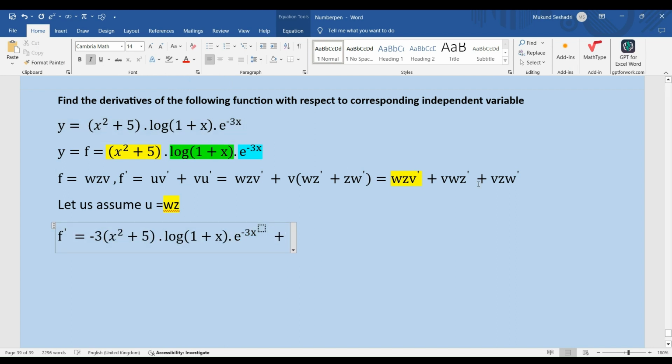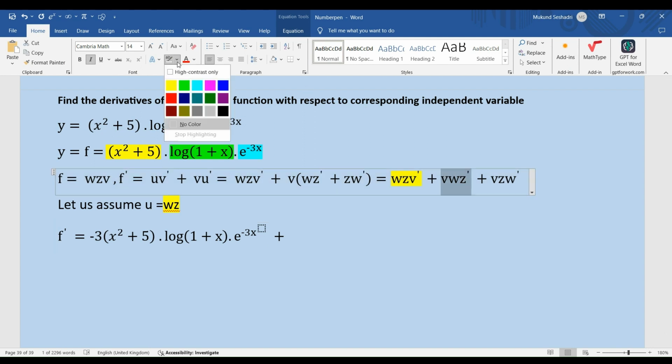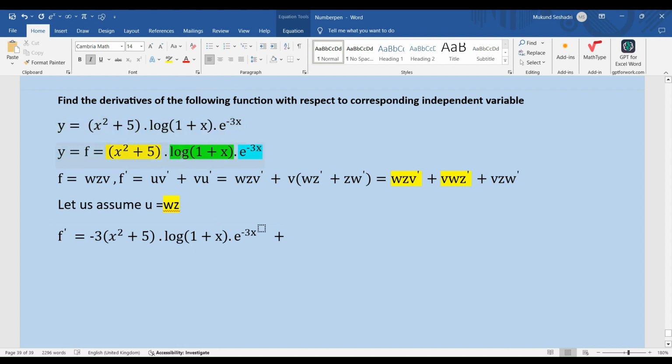And then we will move to our second expression, which is v w z dashed, right? I'm going to highlight this in yellow again. What is my vw? My vw is a combination of the second and the third function, right? Written as it is, right? So let's copy that, and my z dash is d by dx of x squared plus 5, right?